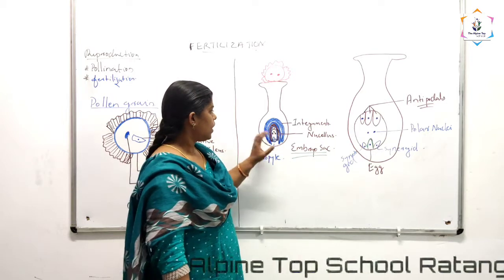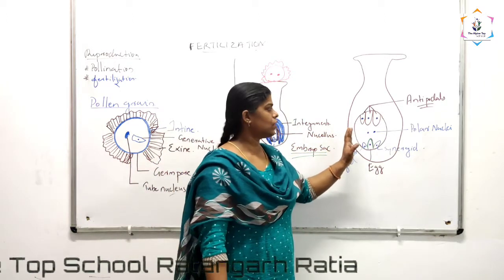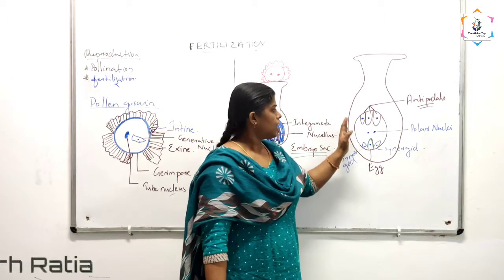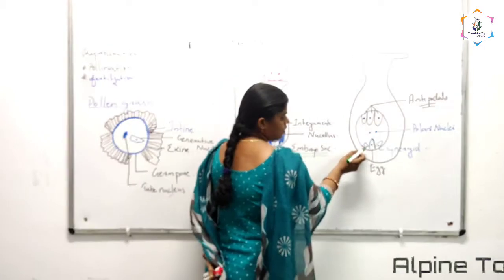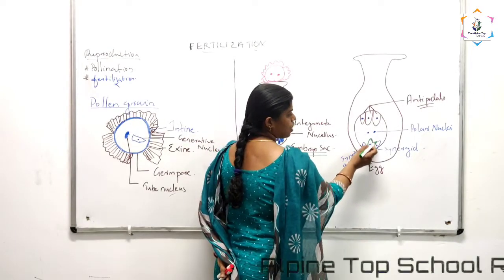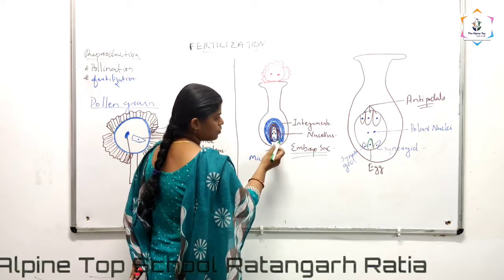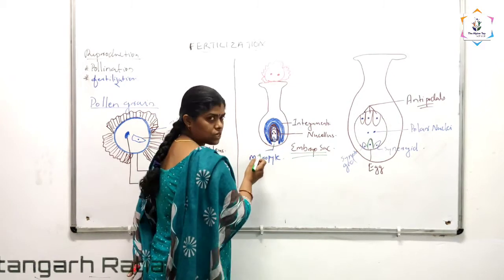Okay, and you just look at this figure. More clearly, you will understand what is the structure of an embryo sac. In an embryo sac, you can see there are 3 cells here, and before that, here integuments are there, right? Integuments I have made here, and you can see a portion without integument.